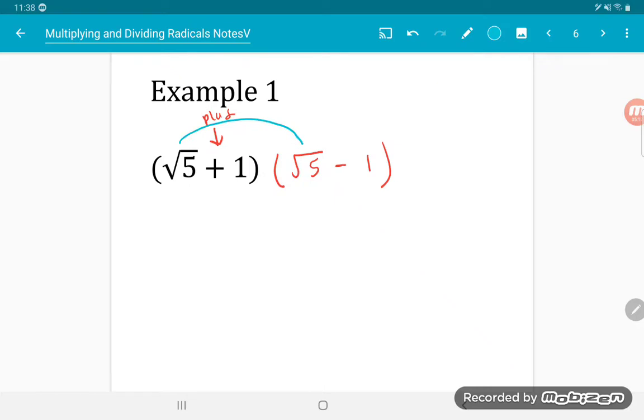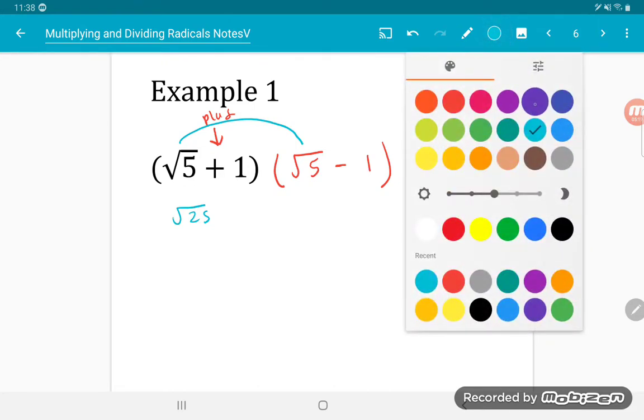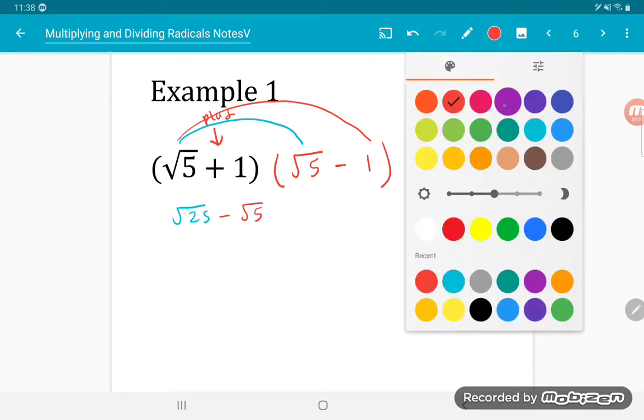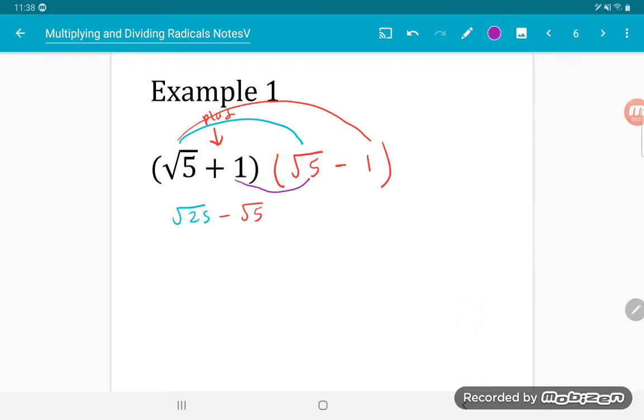So the first terms, square root of 5 times square root of 5, is the square root of 25. Your outer terms, square root of 5 times a negative 1, so that's a negative square root of 5. Your inner terms, 1 and square root of 5, so that gives a positive square root of 5.